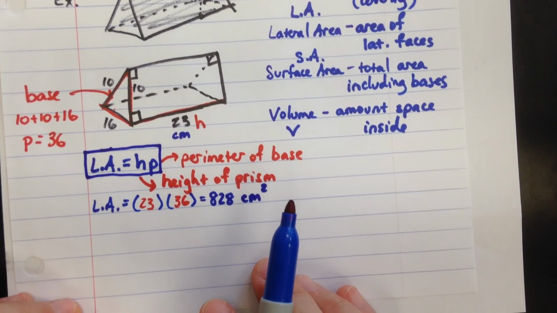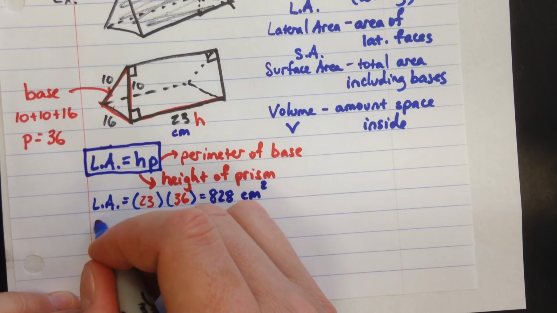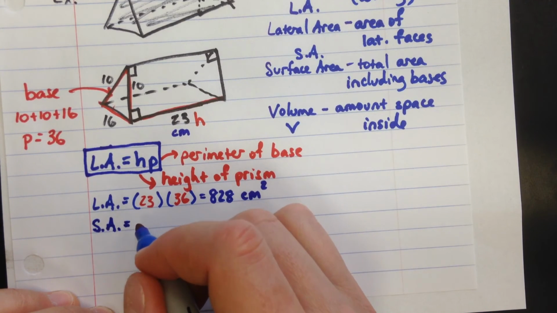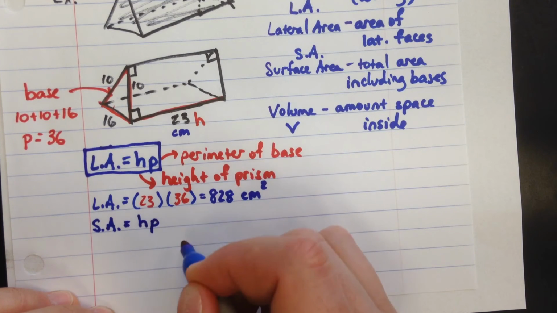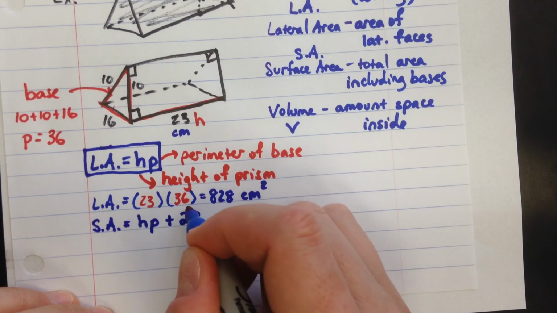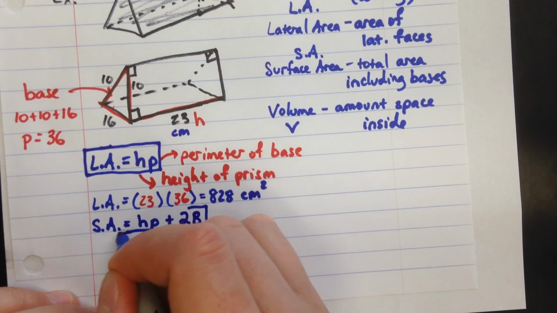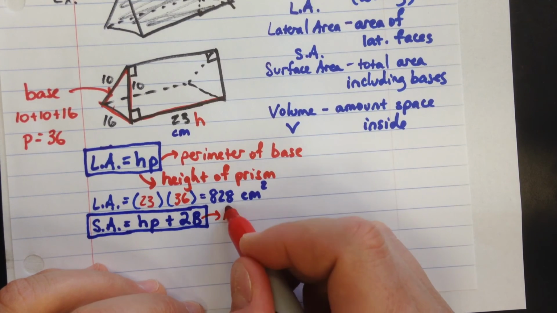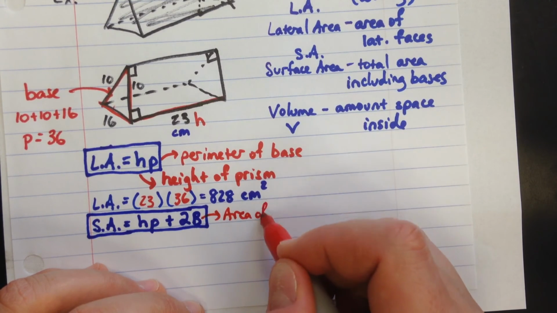The next one is called surface area. The formula for surface area is you take your lateral area, or H times P, which we already know, plus 2 times capital B. So the capital B, that represents the area of the base.